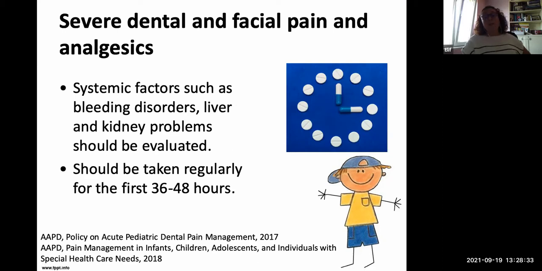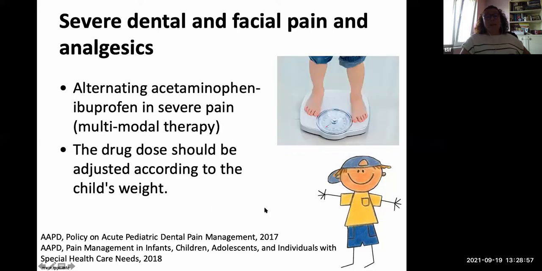When talking about analgesics, we have to consider a few topics which I'm going to tell you about. First of all, systemic factors such as bleeding disorders, liver and kidney problems should be evaluated first. The analgesics should be taken regularly for the first 36 to 48 hours.